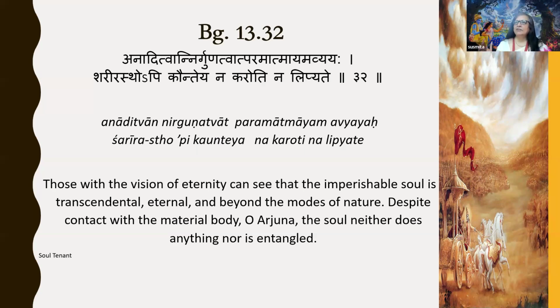And avyaya, imperishable. So the imperishable soul is transcendental, eternal, and beyond the modes of material nature. And sharirastho means situated in the body. Although it is situated in the body, Kaunteya, O Kunti's son, na karoti na limpati, it will not get attached, and it will not get entangled.